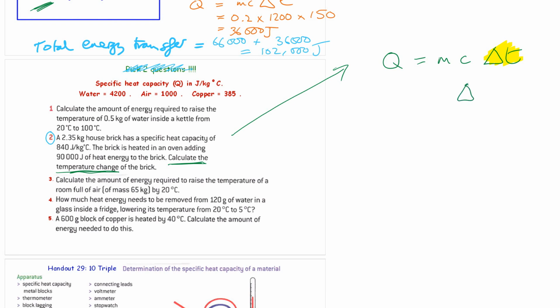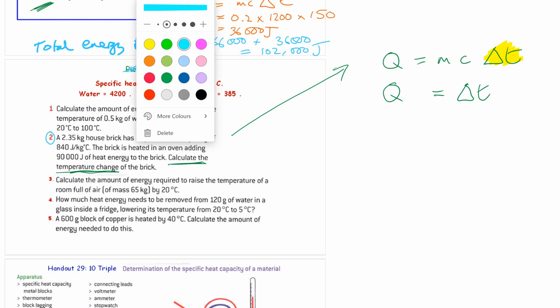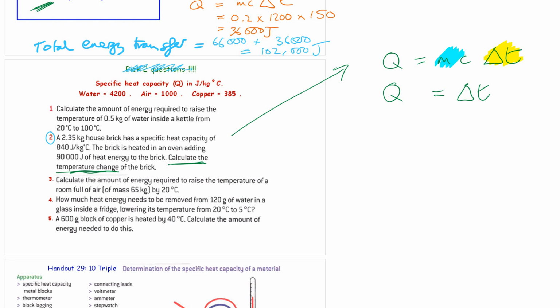What I do is I leave the Q where it is, and these two figures here, M times C, they go down underneath here. So it's going to be Q divided by MC. Okay, that is the rearranged equation.